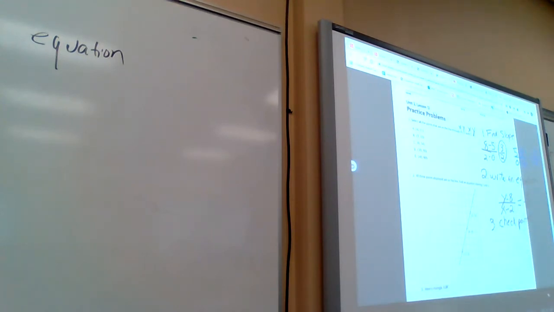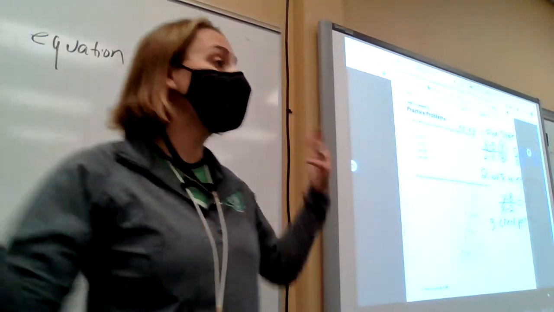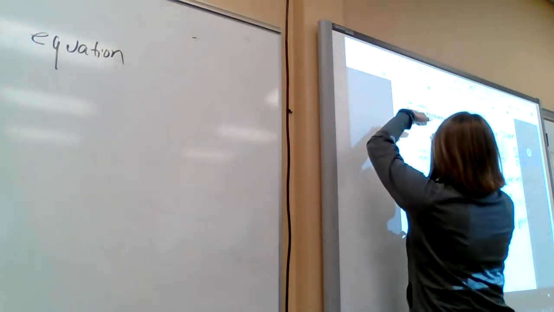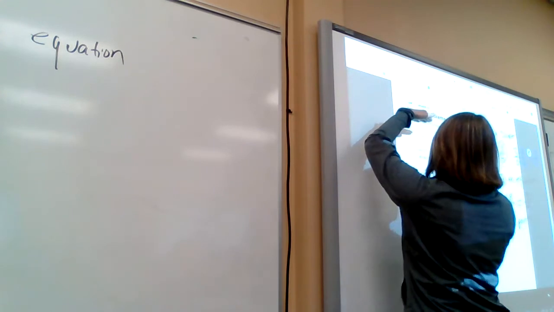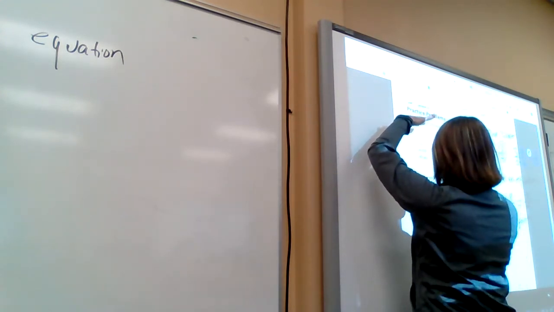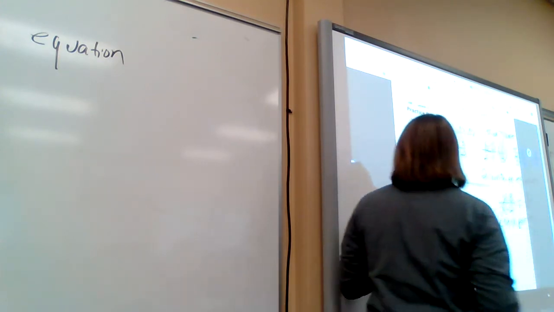Okay, so 4 comma 11. Is 4 comma 11 on this line? Let's check and find out. 11 minus 8 equals 3, and 4 minus 2 equals 2. Equals 3 over 2. Yes.